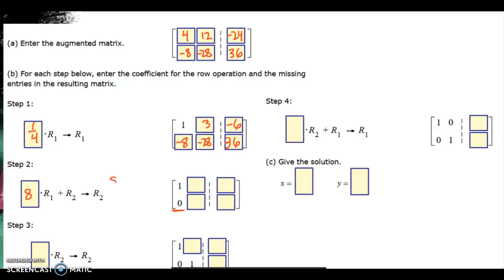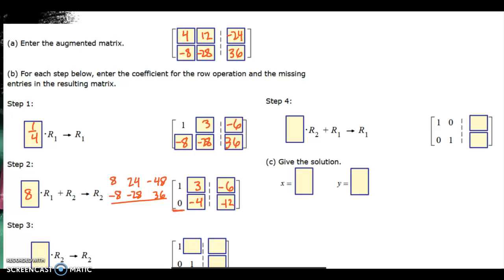So 8 times row 1 is 8, and then 8 times 3 is 24, and then 8 times negative 6 is negative 48. And then I'm going to add the negative 8, negative 28, and 36. So in the second row, I end up getting 0, and then negative 4, and then negative 12. And my first row stays 1, 3, and negative 6.